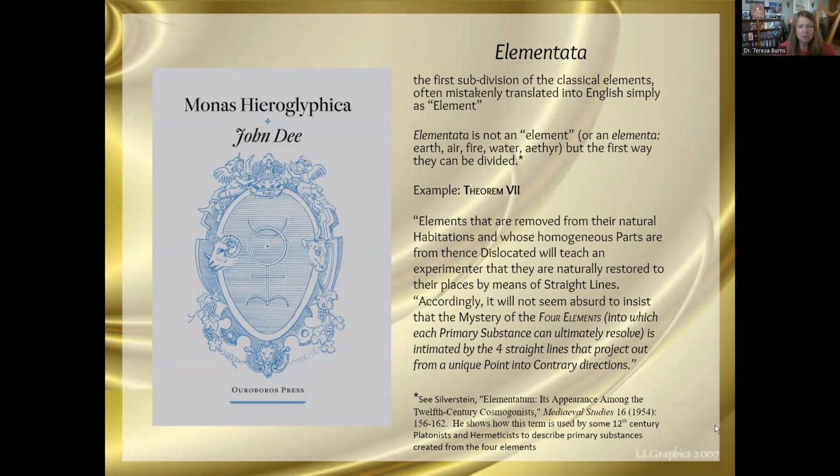So let me give you an example from Theorem 7. This is the way that Nancy and I translated it. Elements, elementa, elements that are removed from their natural habitation and whose homogeneous parts are from thence dislocated will teach an experimenter that they're naturally restored to their place by means of straight lines.